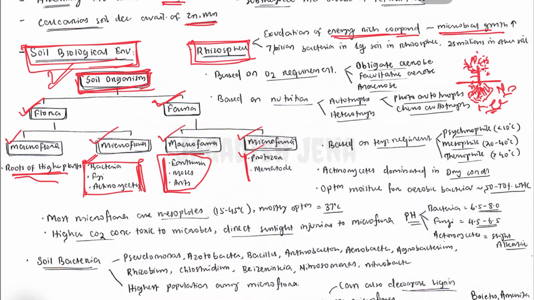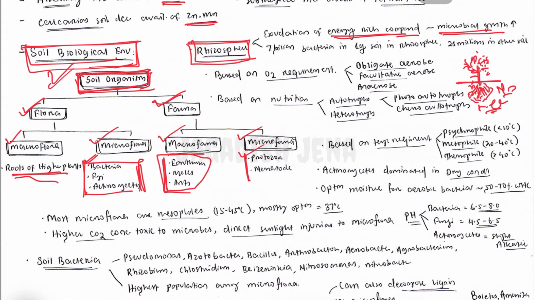Microbes, like human beings, animals, and plants, also need a source of energy, some source of food. So what is the food of microbes? For microbes, the food is soil organic matter or soil organic carbon. Carbon is the food for microbes.